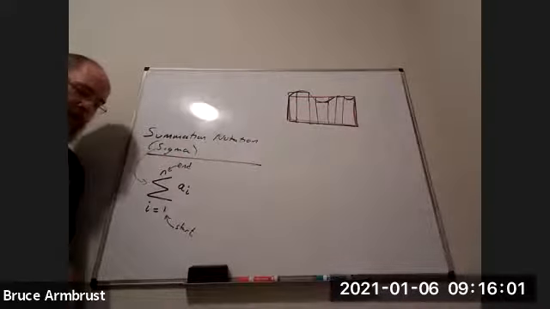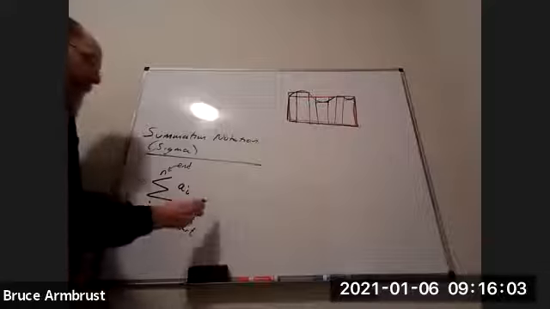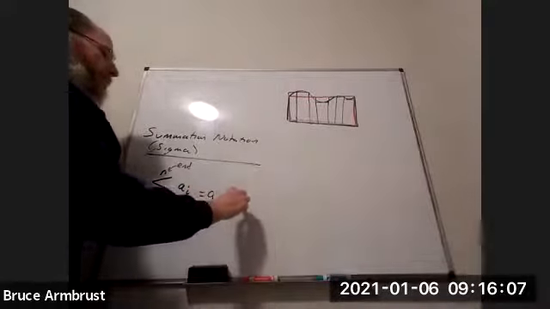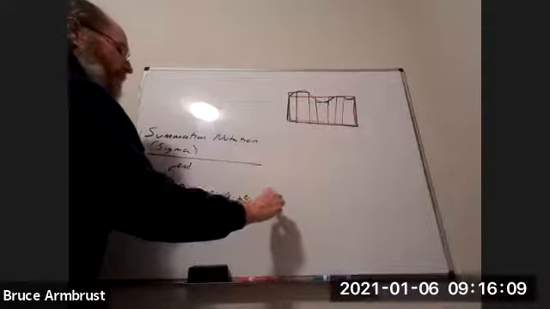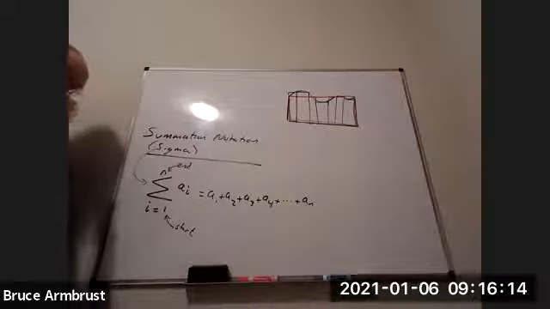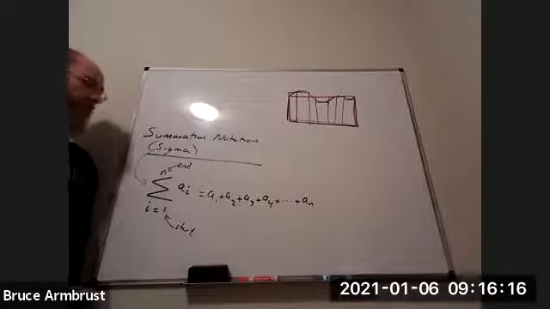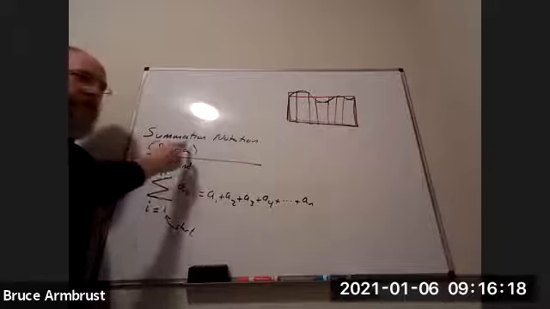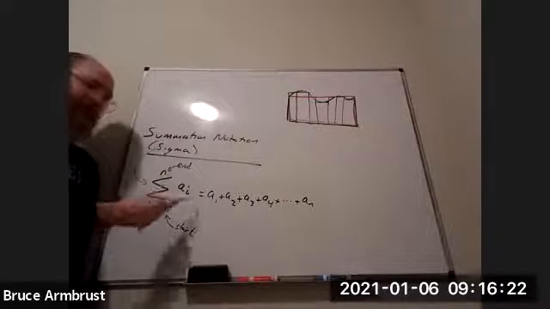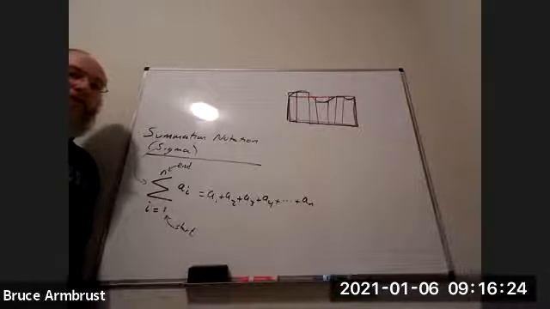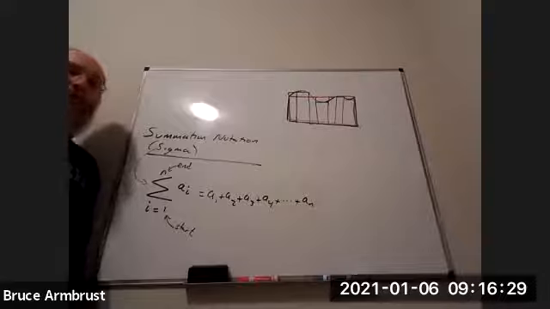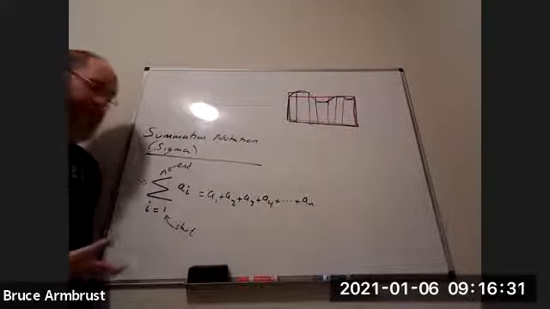And basically, this is the shorthand of saying we're taking A1 plus A2 plus A3 plus A4 plus ... plus A sub n. All right. So that's also why this is called summation notation, because we're adding stuff up. Okay, summation notation. So hopefully you've seen this.